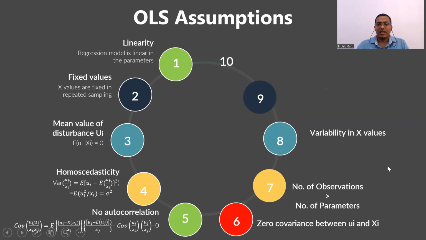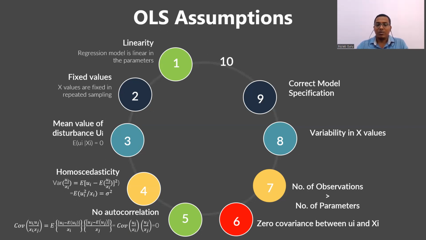Besides, the ninth assumption that we'll make is the model specification. We have to see the sort of relationship that exists between the variables. We should not form an incorrect model. If there is a linear relationship and we fit a non-linear relationship to the data, then we tend to estimate a wrong model.